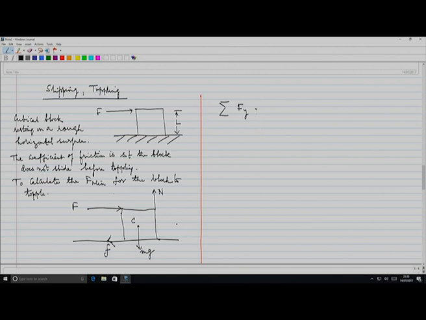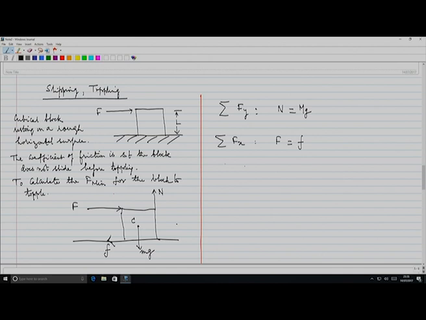These two balance, or N minus mg equals 0. Similarly, for all the forces acting along the x direction, the horizontal force is capital F. This must be balanced by frictional force. That's it.